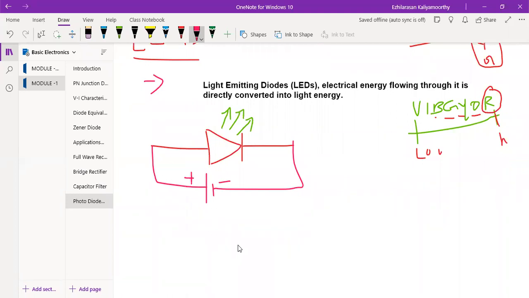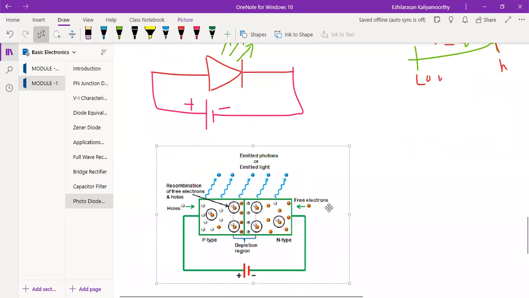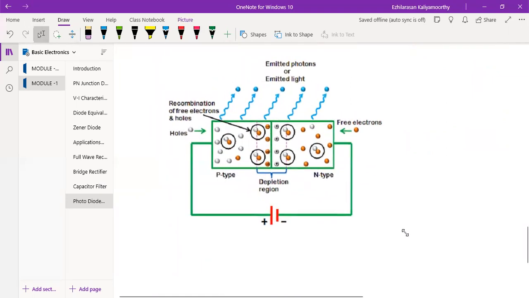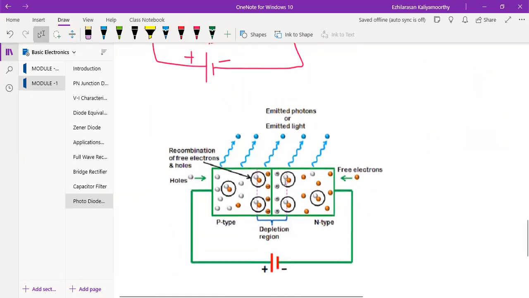Now, when the light emitting diode is forward biased, I need to show the diagram of how it works. Let me show this. This is the structure of the LED.